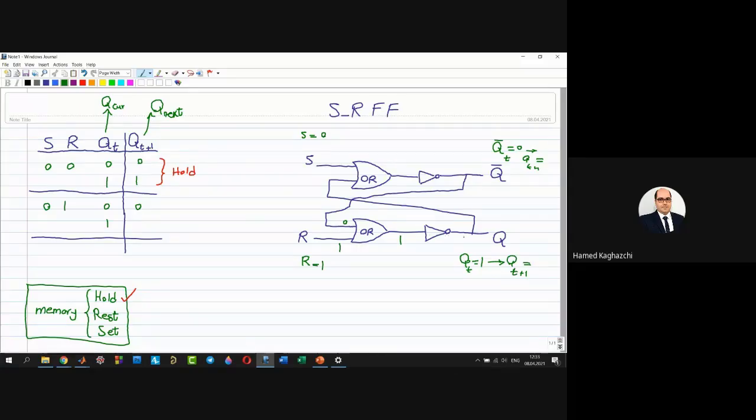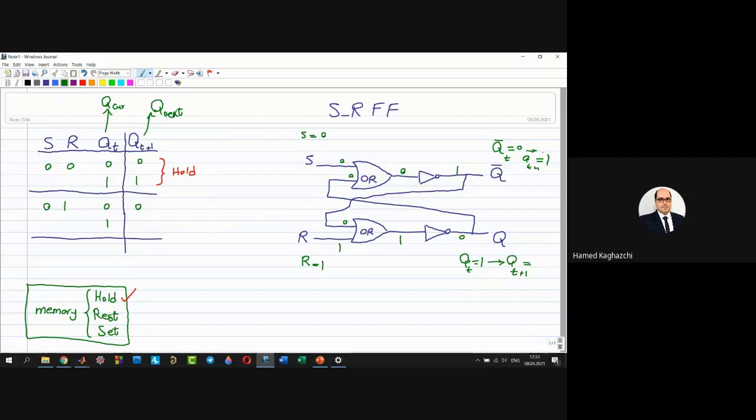What is the output of NOT? 0. This 0 comes here, 0, 0, 0, 0, not 1. This time Qt plus 1 will be 1.